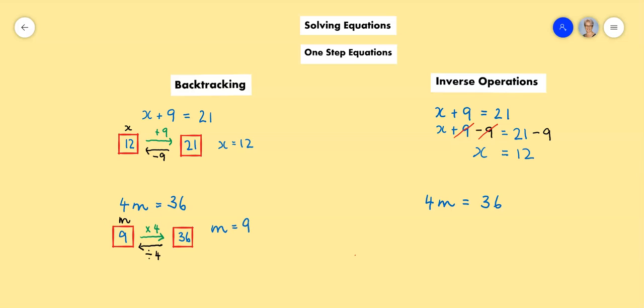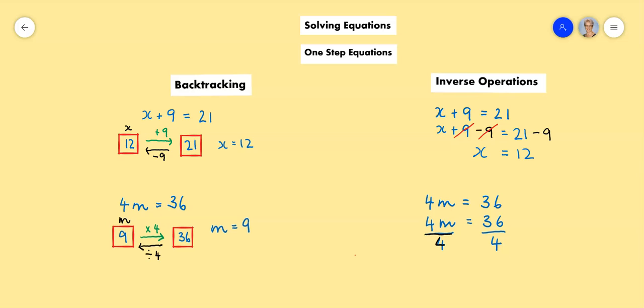Now we can show this the same way on the right-hand side using inverse operations. So we have 4m is equal to 36. Now to undo the 4 times m, I had to divide by 4. So what I'm going to do here is I'm going to do the same thing to both sides. I'm going to divide by 4.